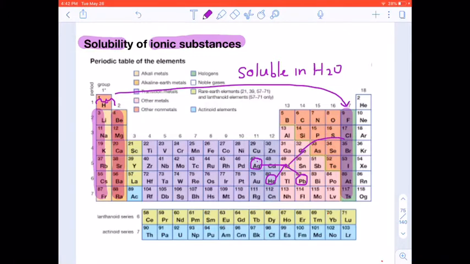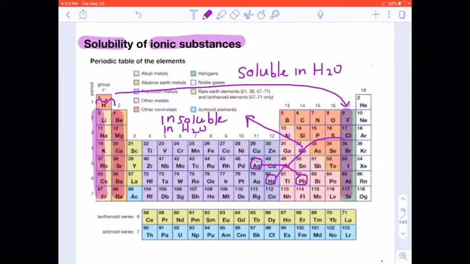So silver with chlorine will be silver chloride, mercury with bromine will be mercury bromide, and these halides are insoluble in water. Just gives you an idea.